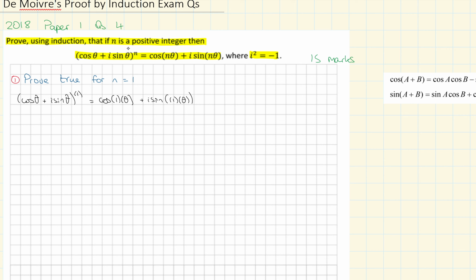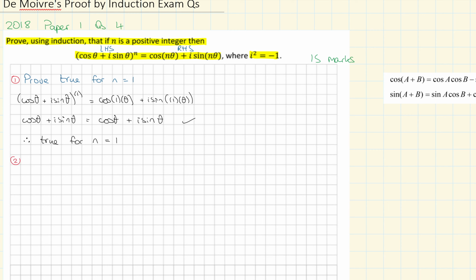We treat this as left hand side and then right hand side. So left hand side becomes cos theta plus i sine theta, and right hand side, we get cos theta plus i sine theta. So it's true for n equals 1.